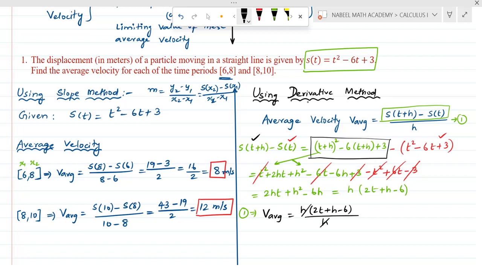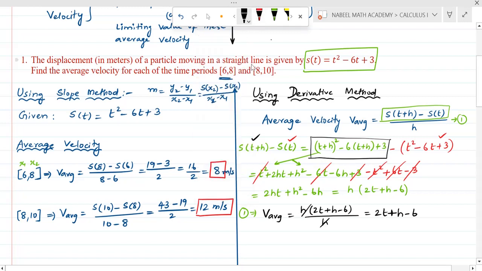So h cancels with the h, and the remaining part is 2t plus h minus 6. The common factor h gets cancelled, and the remaining part is 2t plus h minus 6.